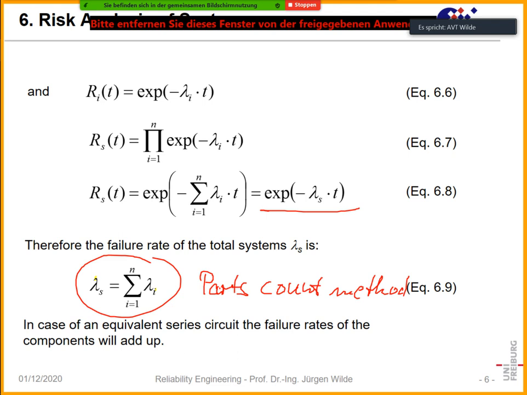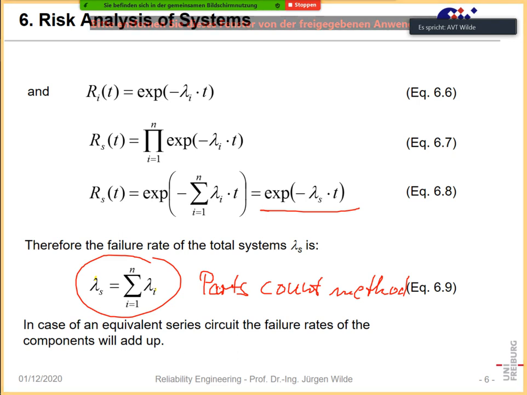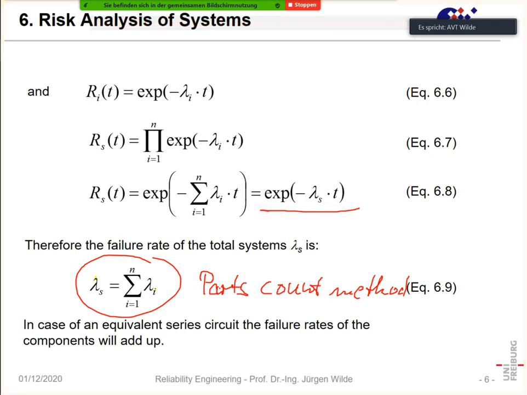Part count method is used when you take standard conditions for all devices. That means, for instance, for your printed wiring board, you say all is at 70 degrees centigrade, and you compute failure rates for that.